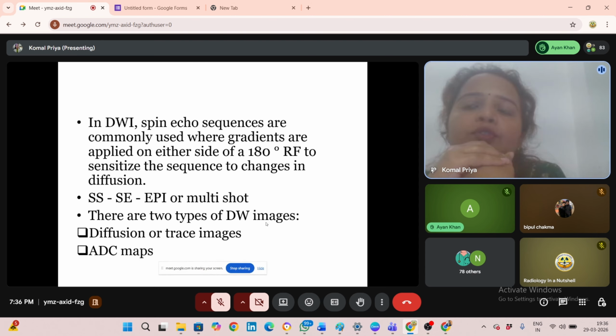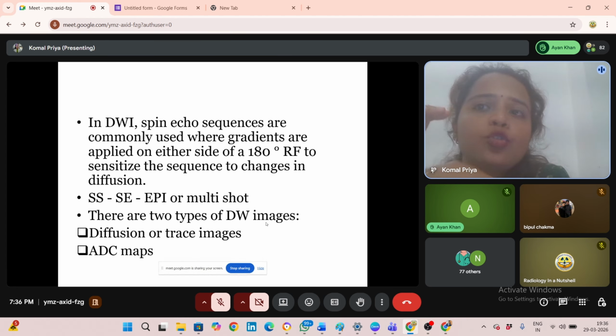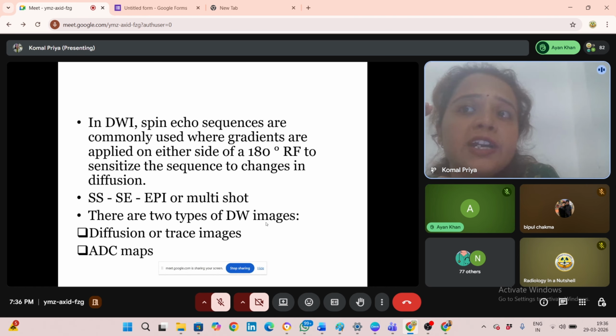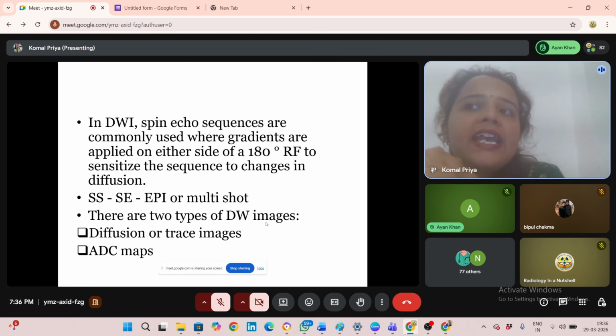Whenever the tissue is damaged or has restricted diffusion, we see ADC as lower, so those areas will appear darker. In the first part, the areas which were damaged were appearing brighter, but in ADC, the areas which are damaged will appear darker. And the areas which are free have a higher ADC.